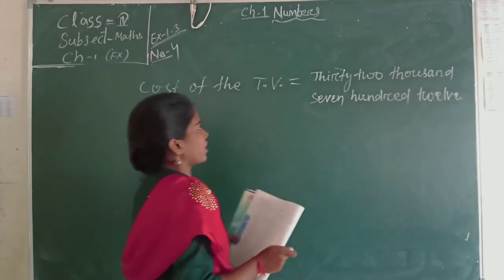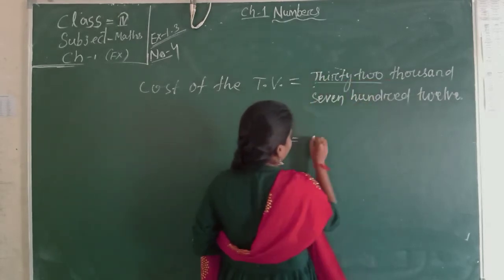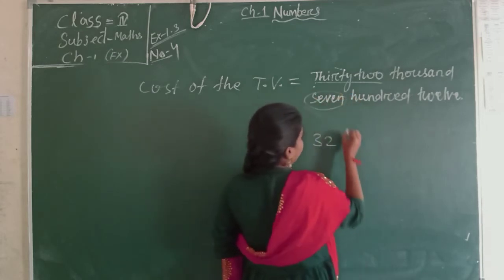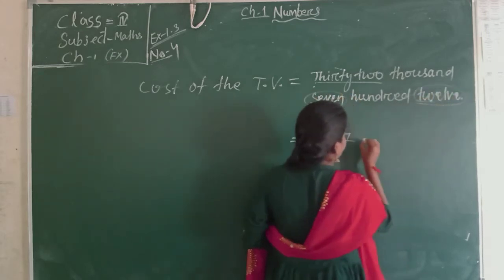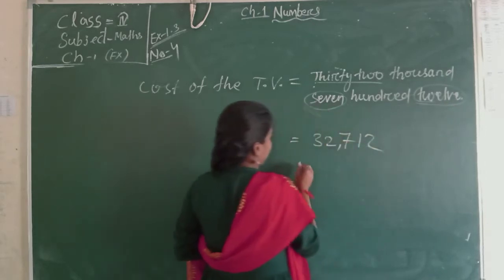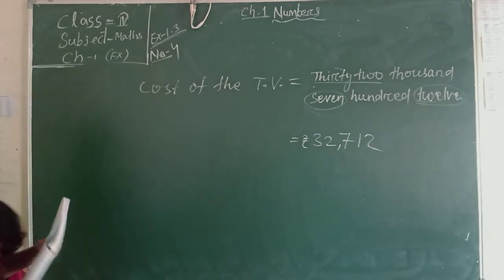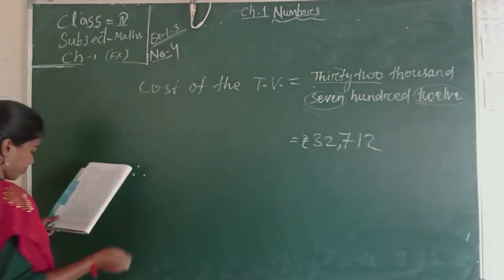So for this number, first write down 32. This is the 1000 place. Next number is 7, so write down 700. How much? 12. So this is the actual price or cost of the TV.